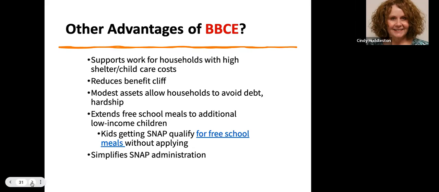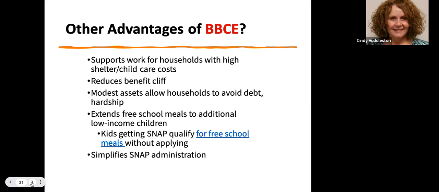And of course, when that happens, the family loses their SNAP, they fall off the cliff, even though in many cases, the paycheck that a household member gets does not make up for the SNAP benefits they lose. So it's really very helpful that the gross income test has been increased all the way to 200% of poverty in Florida.